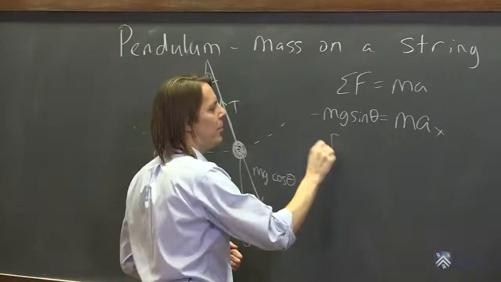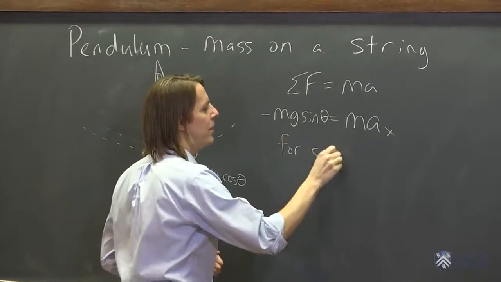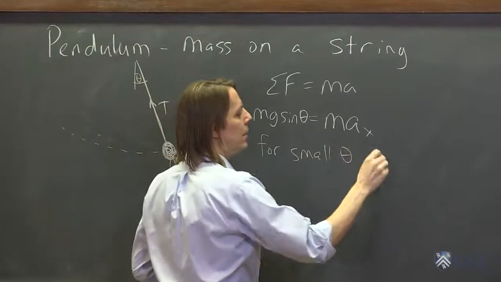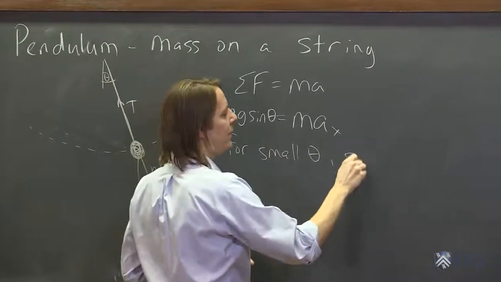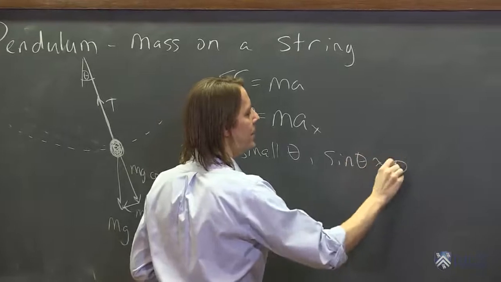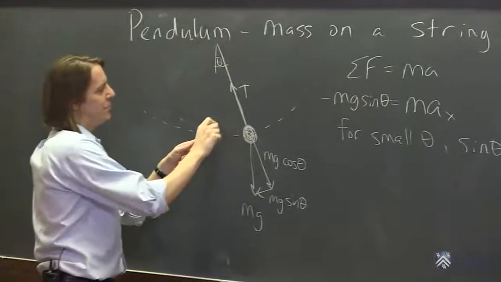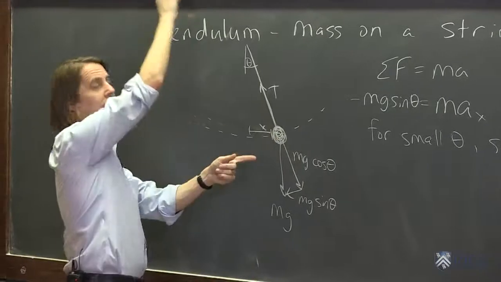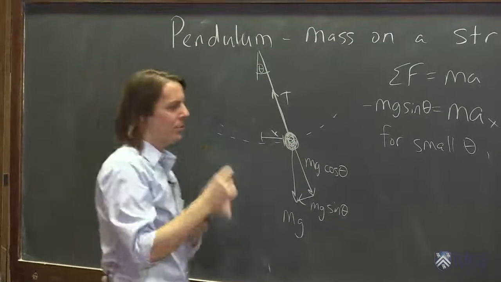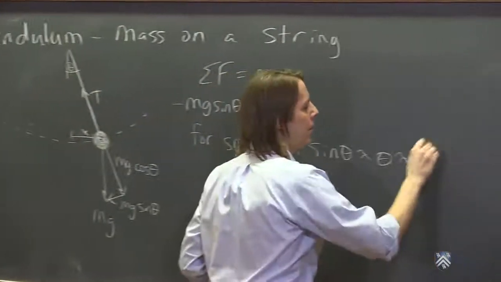And then for small theta, when sine is small, sine theta is about equal to theta, which here is about equal to the distance we've moved x over the length of the pendulum. Okay, so we're doing some quick geometry here.